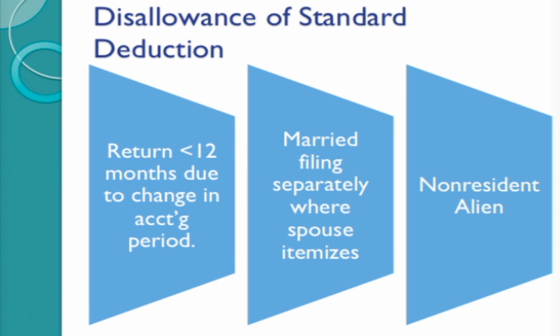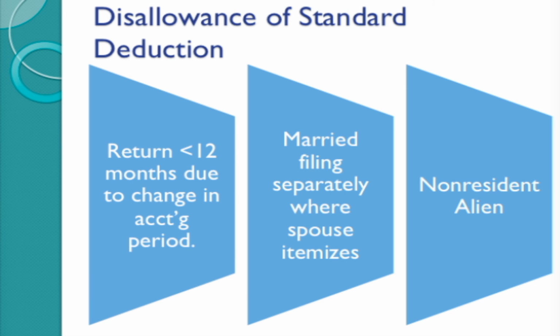But for anyone that's right around that number, it ends up just being a lot more convenient to use the standard deduction. And also when checking the accuracy and the veracity of returns, if someone's just using the standard deduction, it's a lot easier to say, okay, that one's correct. So it benefits both the IRS and the individual taxpayer.